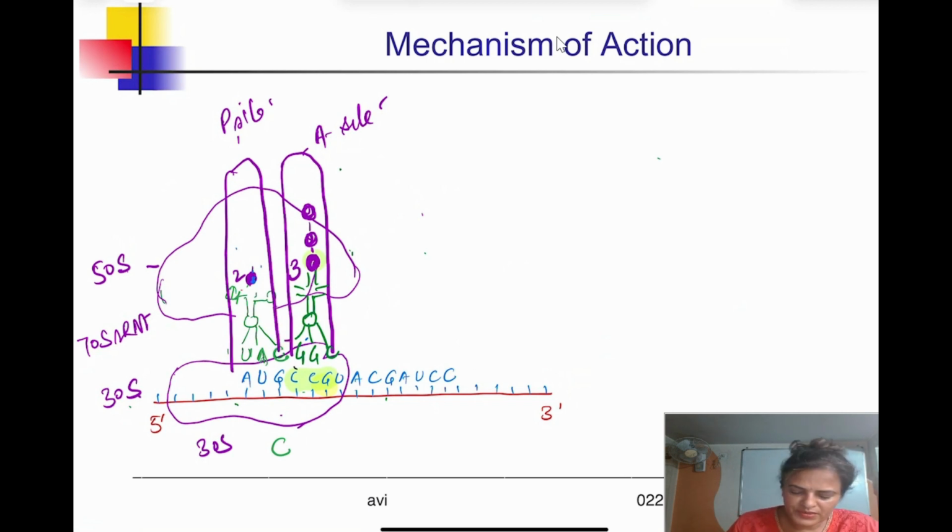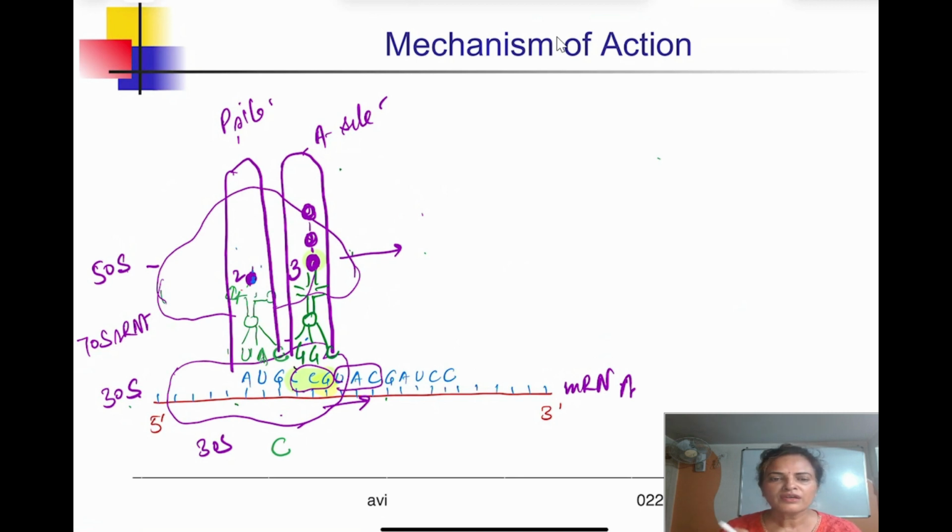Now this ribosome, this whole subunit 30S, is going to move along on this messenger RNA one step, from this codon to this codon. This whole subunit, the 30S and 50S, is going to move on the messenger RNA. How much distance is it going to cover?